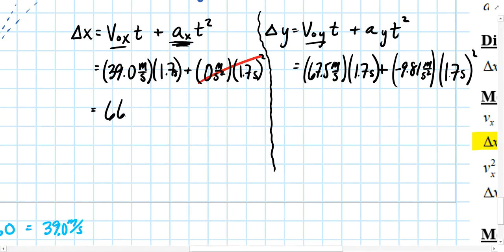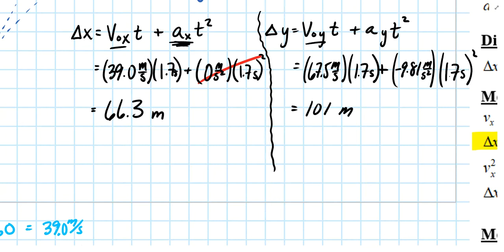We end up with a delta x of 66.3 meters. And for delta y, well, again, we've got everything that we need. We'll just enter this into the calculator, and this reports out to be 101 meters.